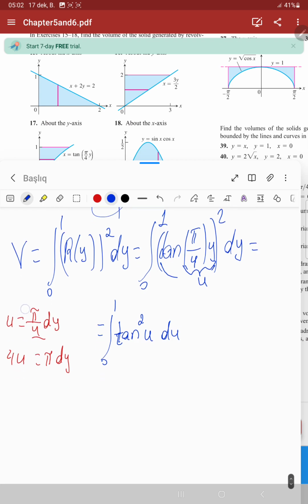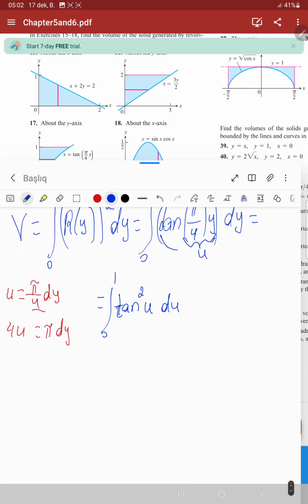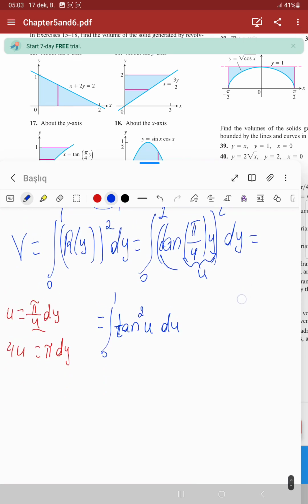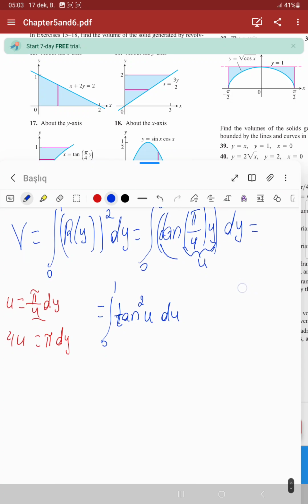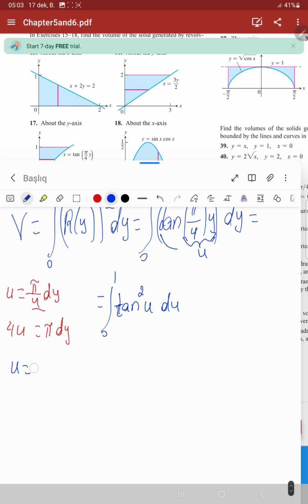Oh, we made one mistake. When y is 0, it's obvious that u is equal to pi over 4.